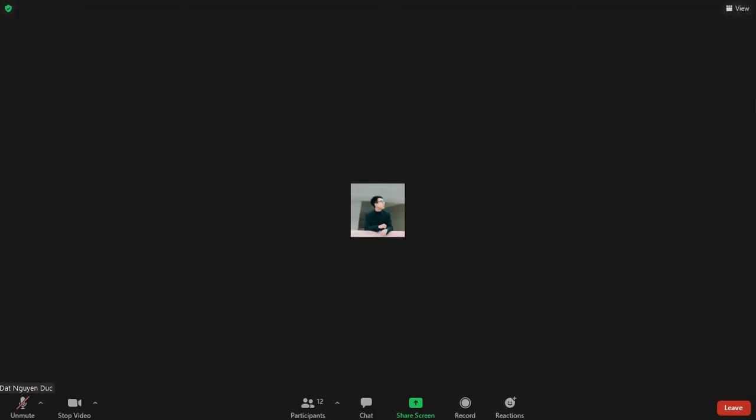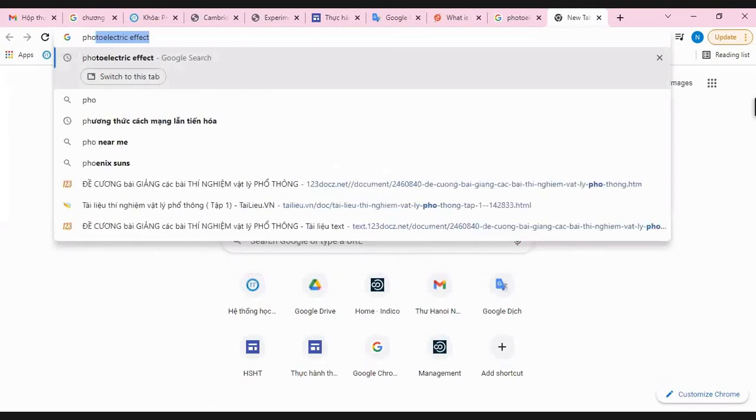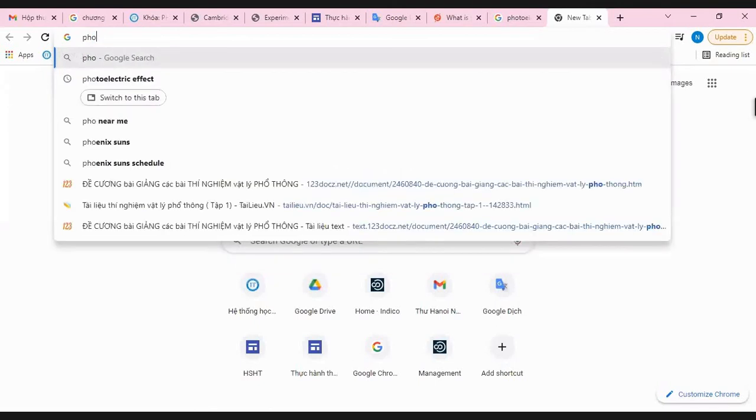So one of the ways that you can know that is to search on the internet, as I said, and you know that it is related to the graph, right? So maybe you will search like photoelectric effect graph explanation or something like that.